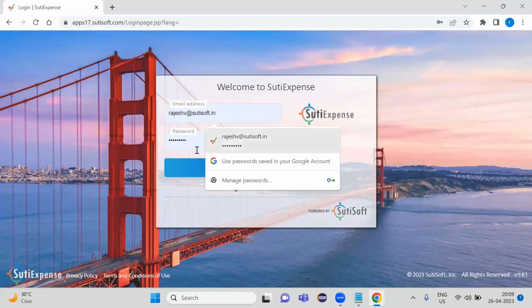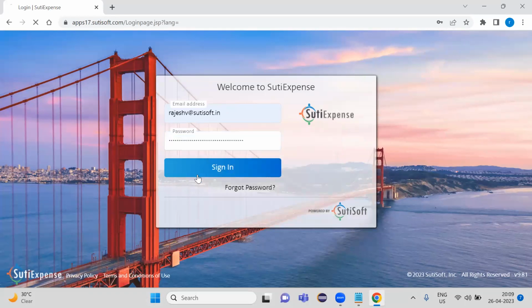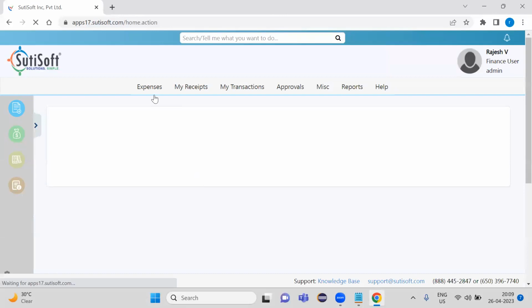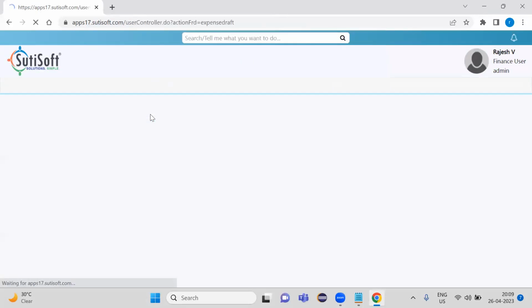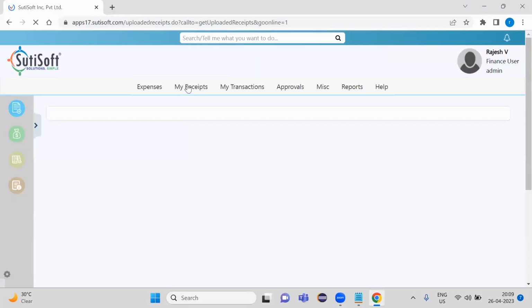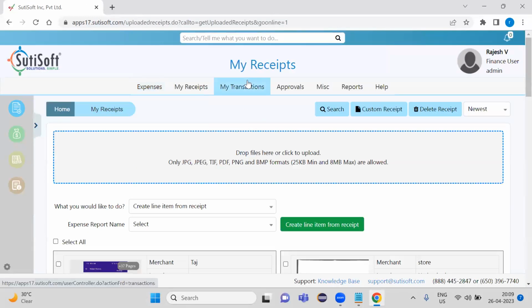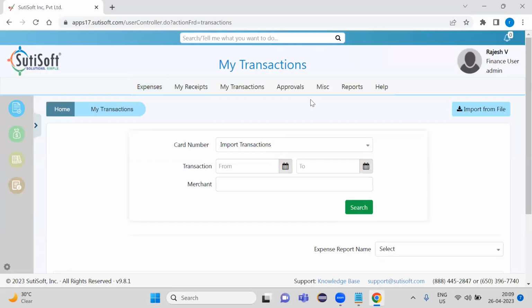If I give a valid username and valid password, it has to sign in. Yes or no? If I click on expenses, it has to open something. Yes or no? If I click on my receipts, it has to open some page. If I go to my transactions, it has to open some page. If it is not opening, then that is an issue. Clear?